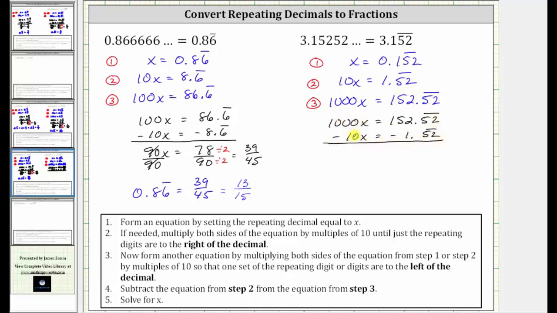Subtracting, 1000x minus 10x is 990x equals, subtracting on the right, 152.52 repeating minus 1.52 repeating is equal to 151. And now we solve for x by dividing both sides by 990.